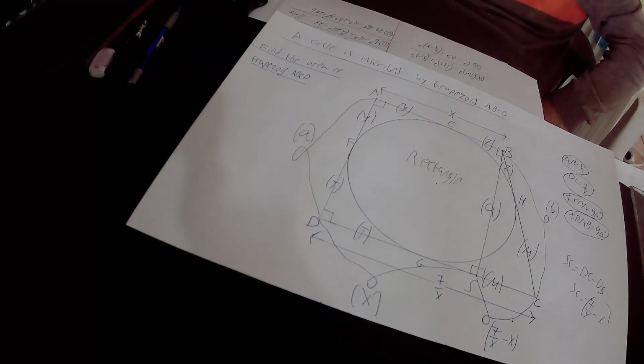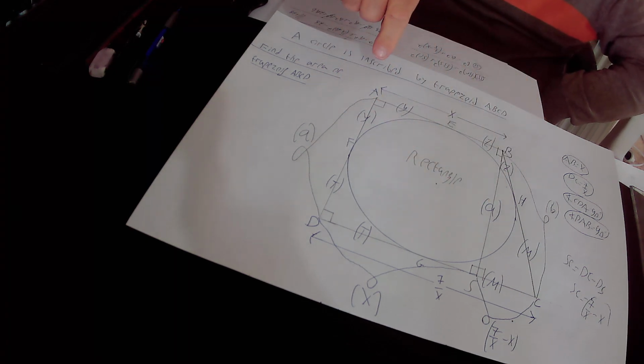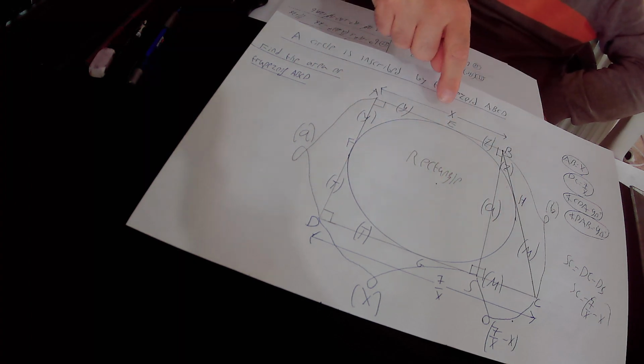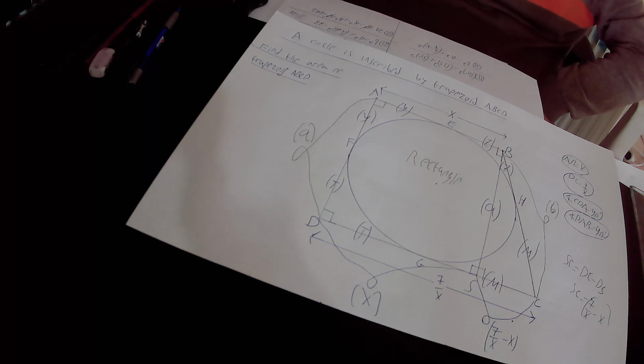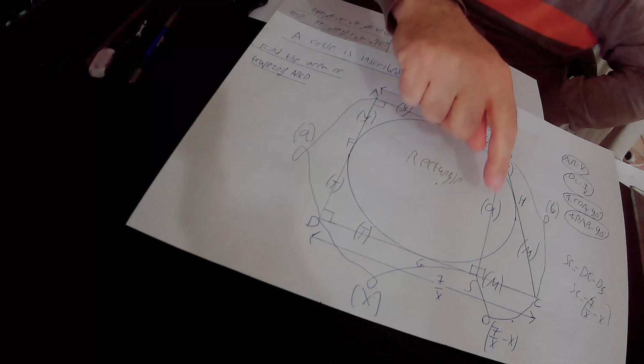We also know that the opposite sides of a rectangle are equal to each other. So in rectangle ABSD, side AB equals the opposite side DS. But AB is X, therefore DS must also equal X. Likewise, in the same rectangle ABSD, side AD must equal the opposite side BS.